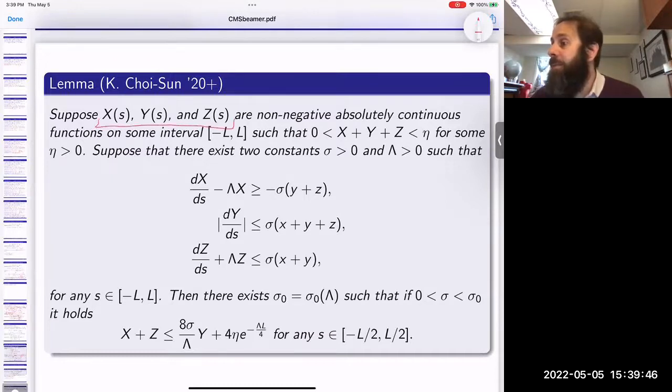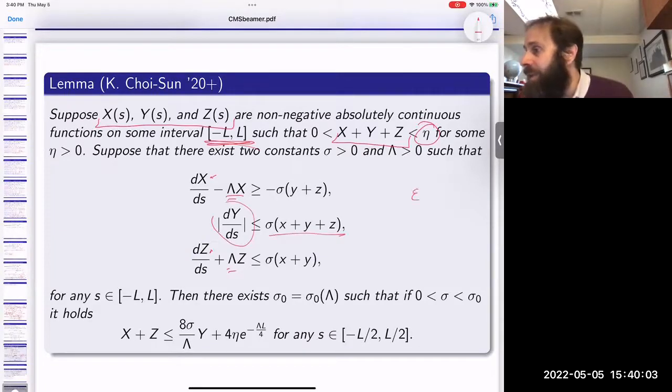We have these three absolutely continuous non-negative quantities. Suppose they're small on some large interval in time. And x is trying to grow at rate lambda, z is trying to decay at rate lambda, y is not trying to do anything except through its coupling to x, y, and z. So I guess the epsilon from the previous slide is like sigma over lambda from this slide.